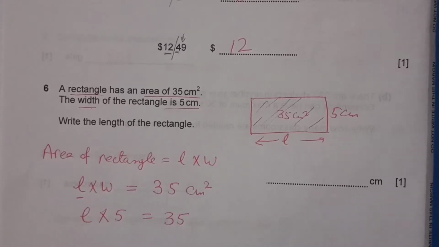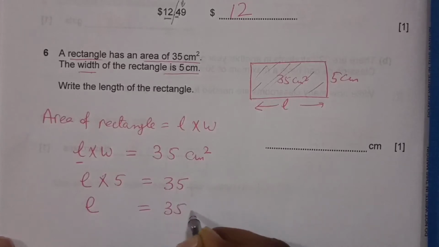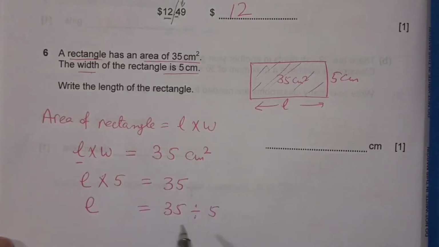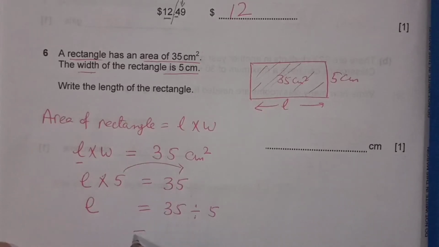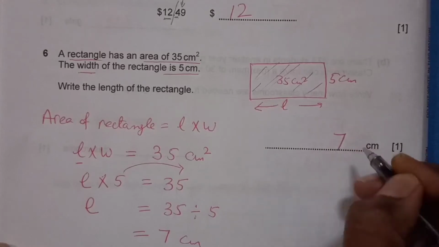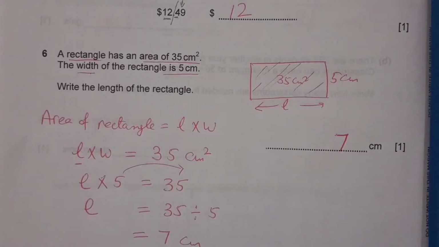So now we are going to divide by 5. This will go to the other side and it will become divide. So this is 7. So the length of the rectangle is 7 centimeters.